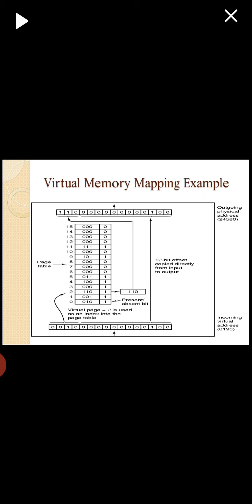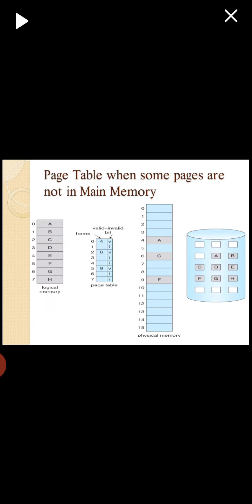These are virtual memory mapping examples, how memory is mapped. This is the page table when some pages are not in main memory. This is the structure where logical memory, page table, physical memory and backing storage are represented.